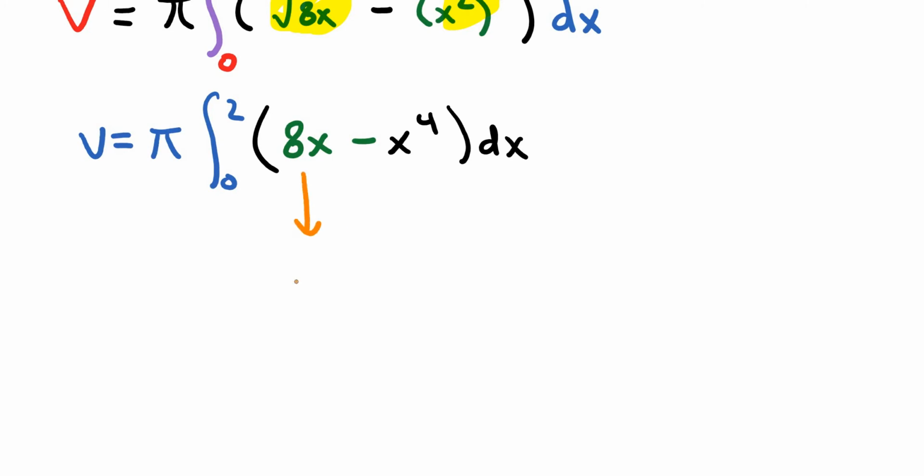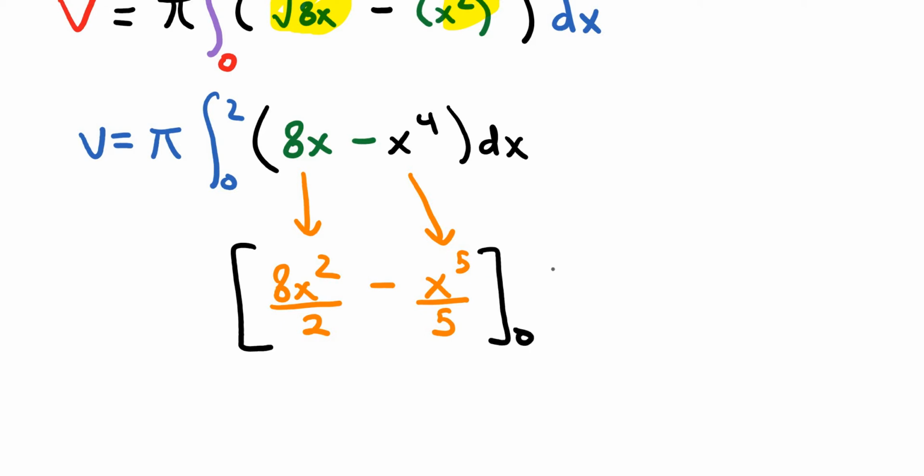Okay, so the antiderivative of 8x is going to be 8x to the power of 2 divided by 2 minus, and then the antiderivative of x to the power of 4 is x to the power of 5 divided by 5. And then I'm going all the way from 0 to 2, and then there's a pi in front. What's really nice is there's a 0 on the lower bound there, so we don't need to really do much with the lower bound.